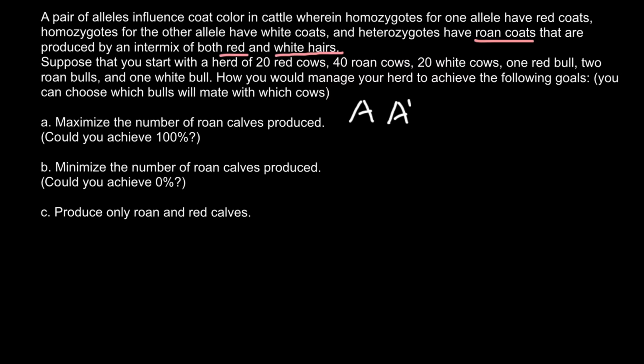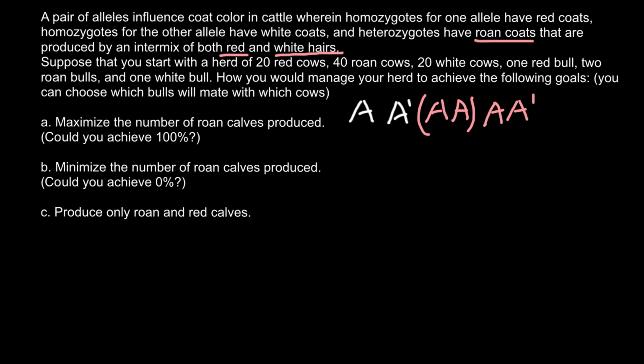So these two alleles can produce three genotypes, and here genotype equals phenotype. The first combination would be capital A, capital A, and this would stand for the red color. Another genotype would be capital A and A prime.